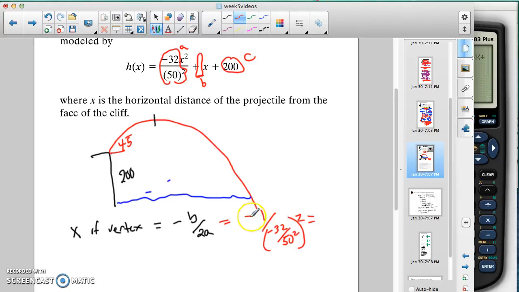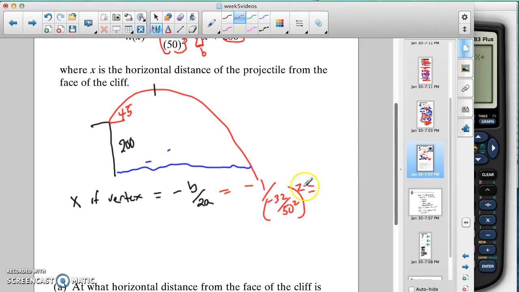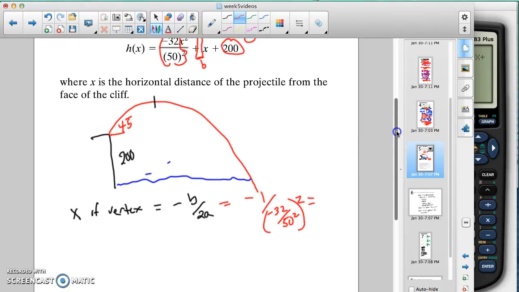So we're going to take our calculator and figure that number out. It's going to be an x value. If we do this, this means reciprocal. Let's do a little bit of work before we plug it into our calculator.